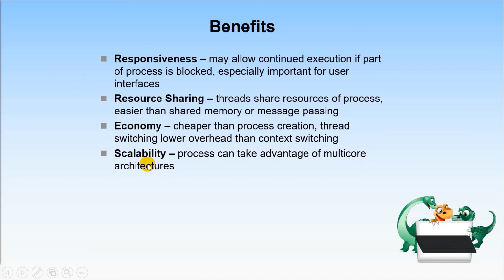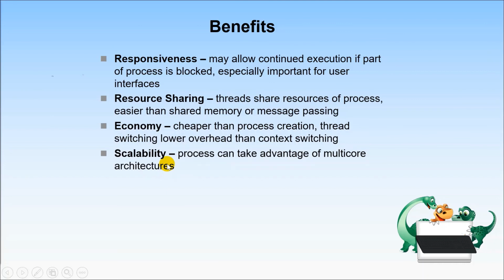And the last one is scalability. An example of this is the utilization of multiprocessor architectures. A single-threaded process can only run on one CPU, no matter how many are available, whereas the execution of a multi-threaded application may be split amongst available processors.